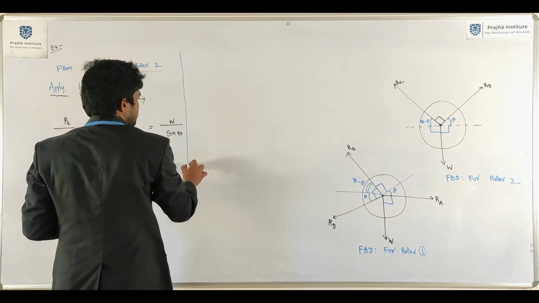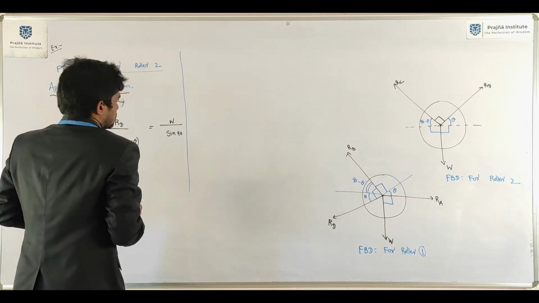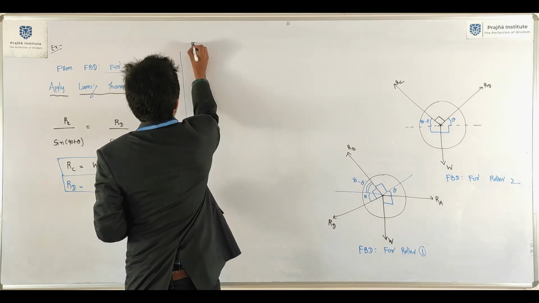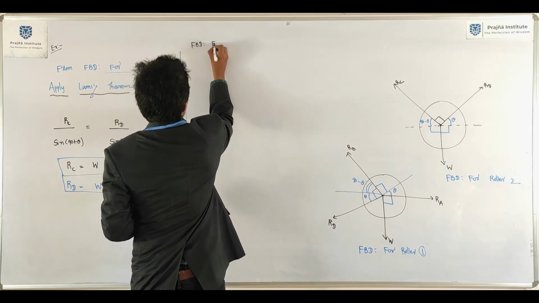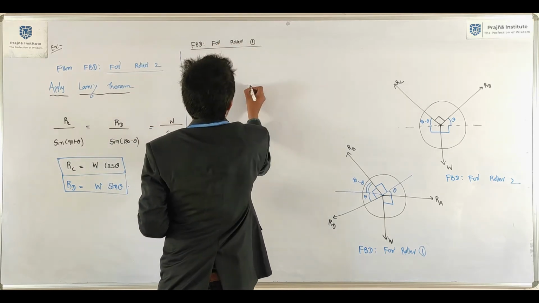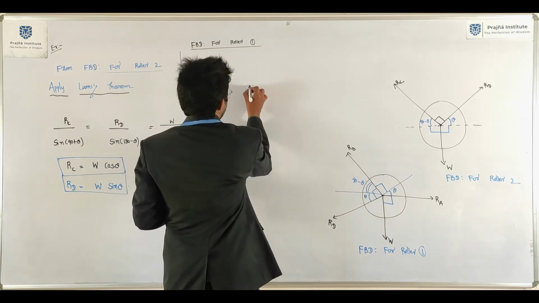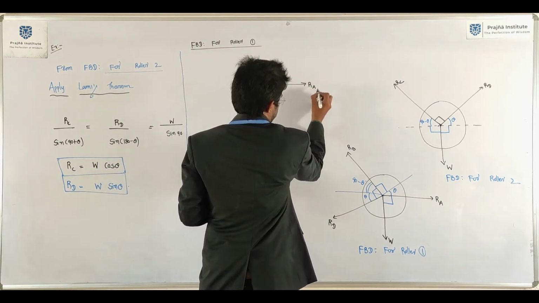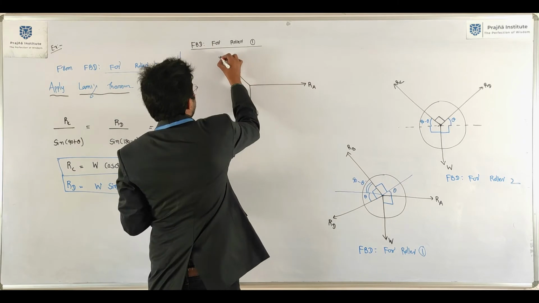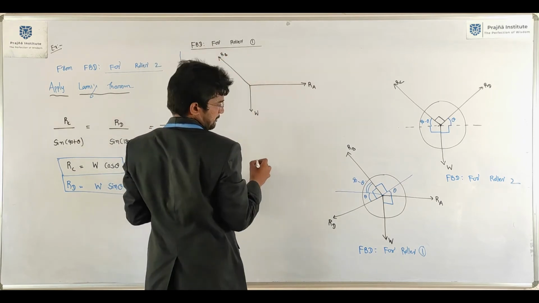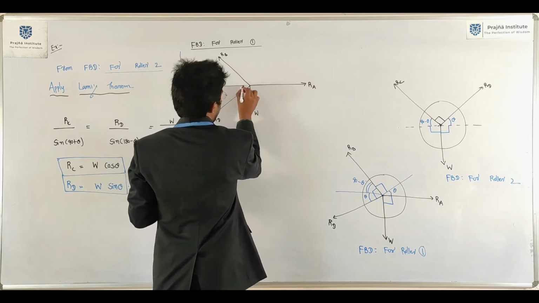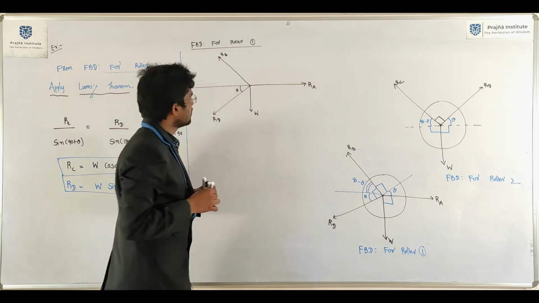Now tell me the free body diagram for roller 1. What is happening here? It is RA, weight acting in the downward direction, RB and RD. The angle is theta.